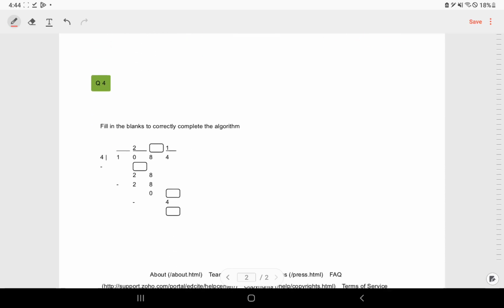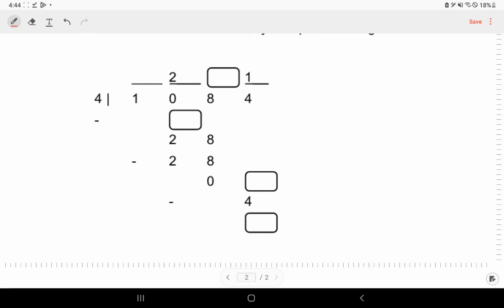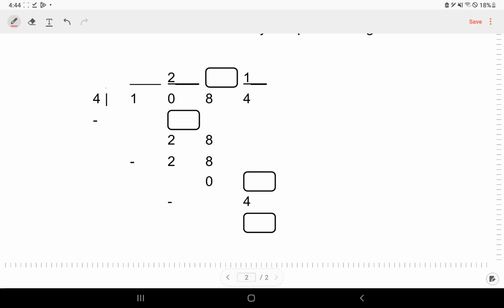And then our last one. Now, it didn't let me set it up quite the way I wanted it to, but it's just fill in the blanks. And so 4 into 1084.